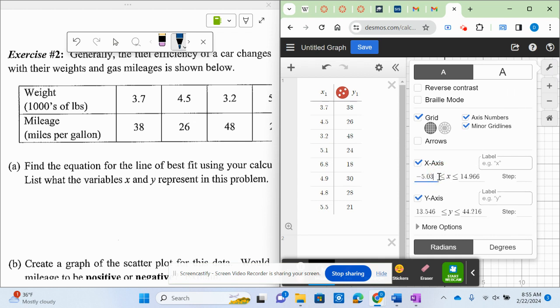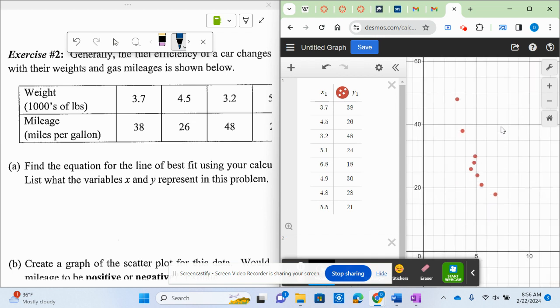I want my X axis minimum to be 3 and my X maximum to be 10. My Y minimum is going to be 15 and my Y maximum is going to be 50. When you do that, it puts your graph right there for you. You don't have to do that, but I want you to know that you can.